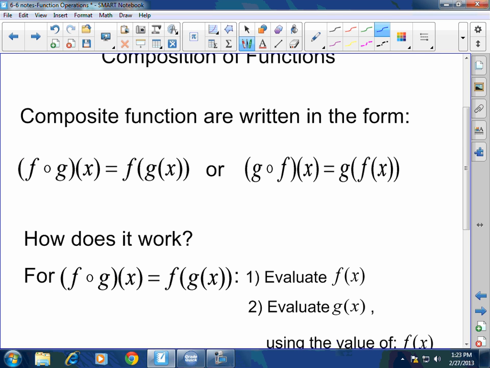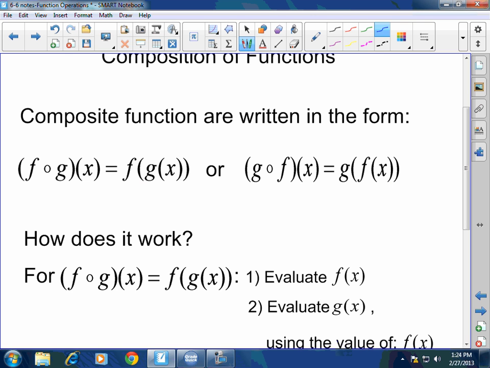Okay, when you have a composition of f and g, the fog, what this is saying is it's f of g of x. So I have f of g of x. So what does that mean? Yes, sir? Kind of, but no. That means function f, but you're putting the value of function g inside of every x term of function f.